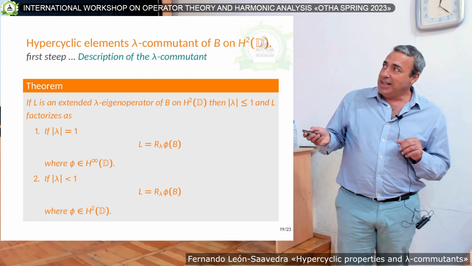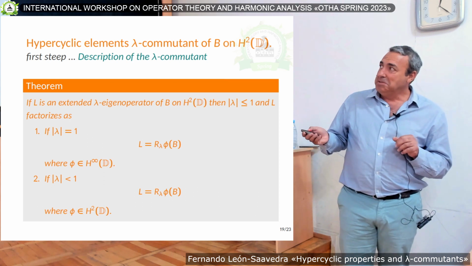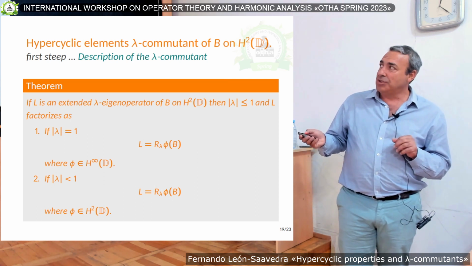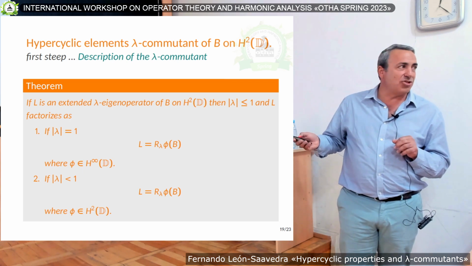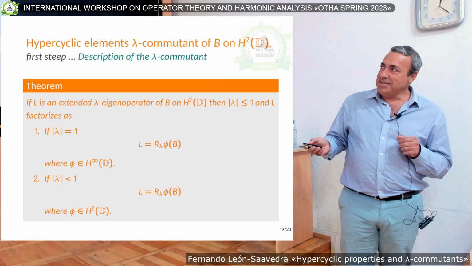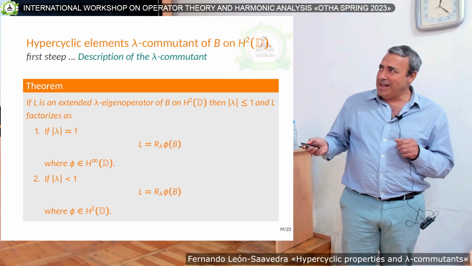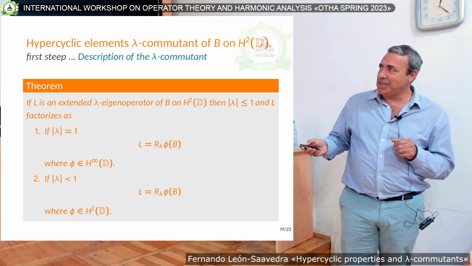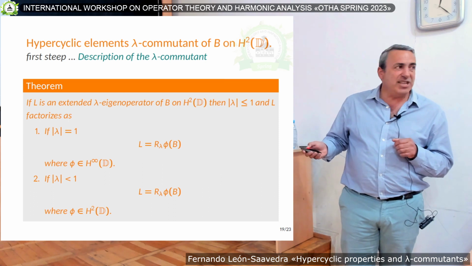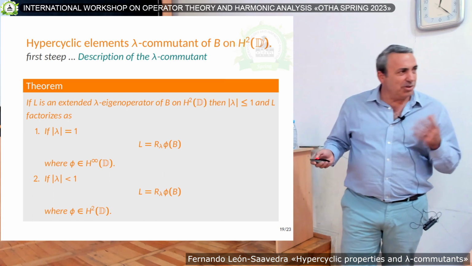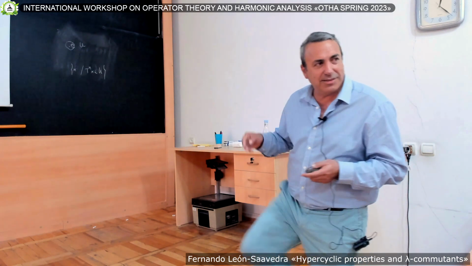If the modulus of lambda is equal to 1, then we have this factorization when phi is a bounded analytic function. But surprisingly enough, when the modulus of lambda is strictly less than 1, we have this factorization when phi is an element of H2.